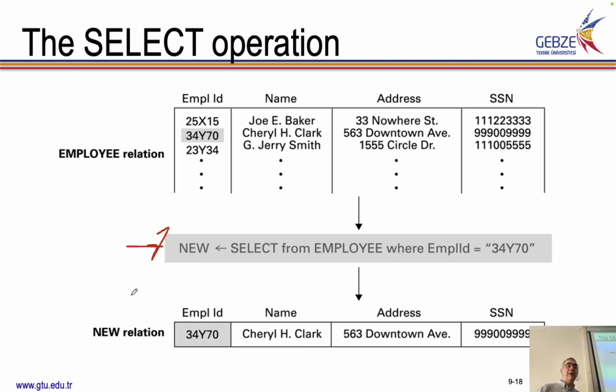Select from employee where employee ID is equal to 34Y70. So it is like finding who the guy is with this employee ID.